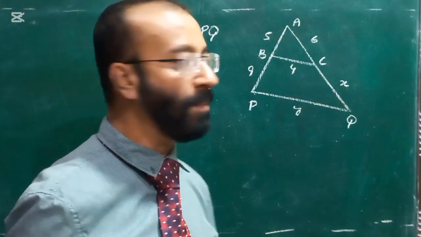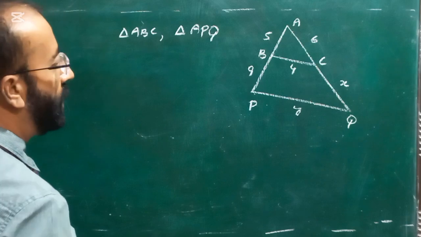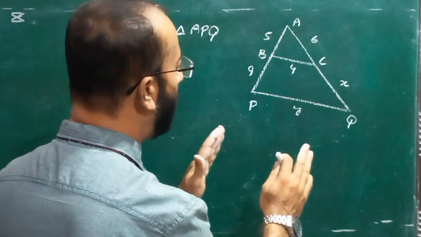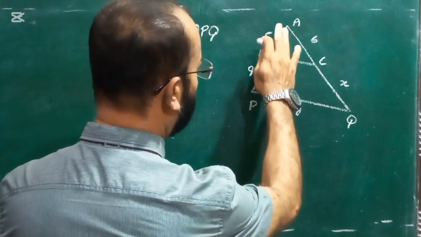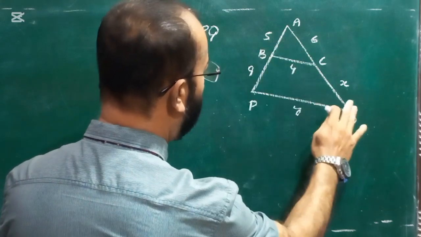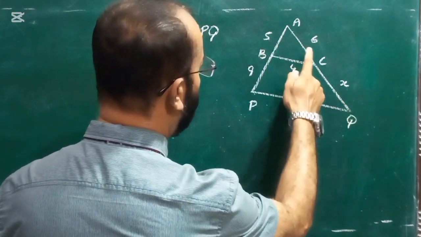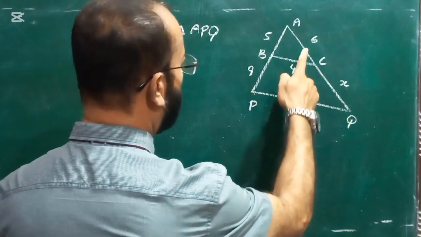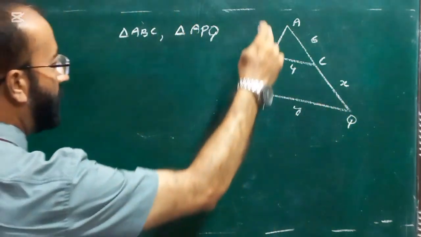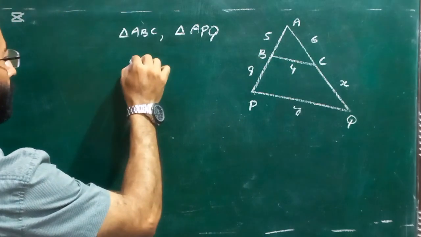So things to remember in this is we have to take one side that is given and one side that is missing. Now, on the right side we have the missing value, so we are taking right side to left side. So 6 plus x means AQ over AP.